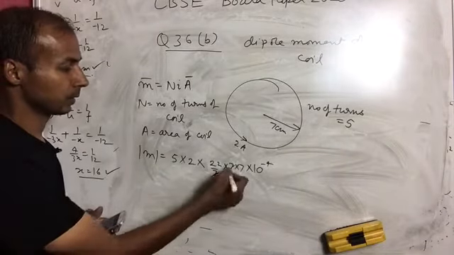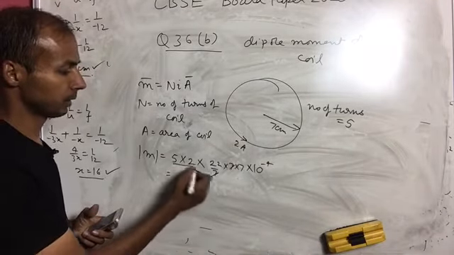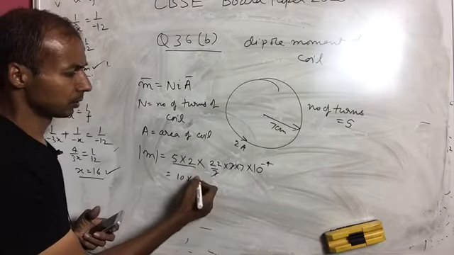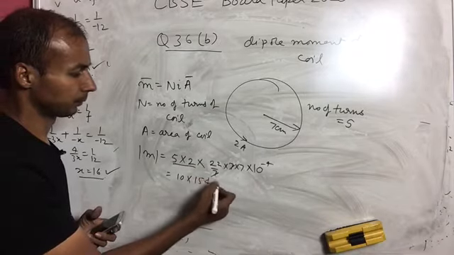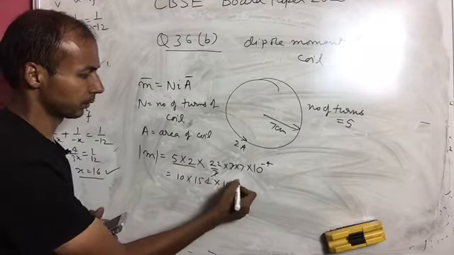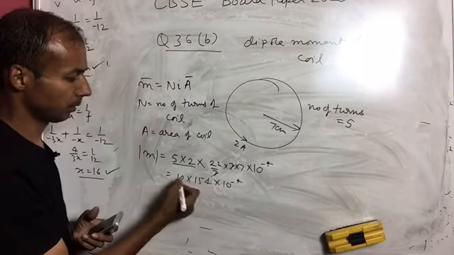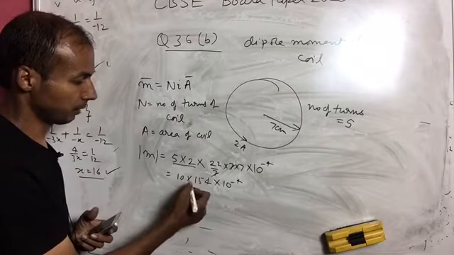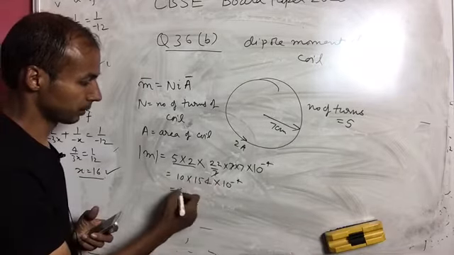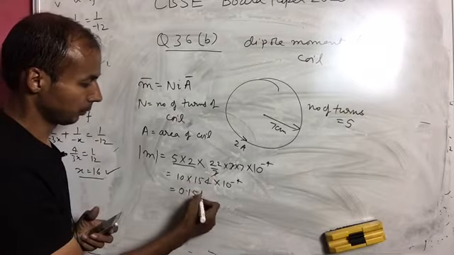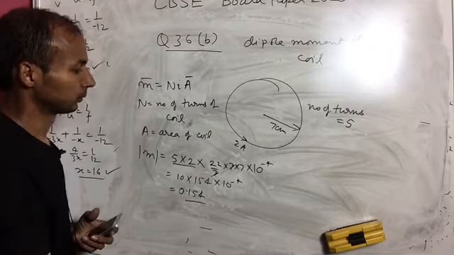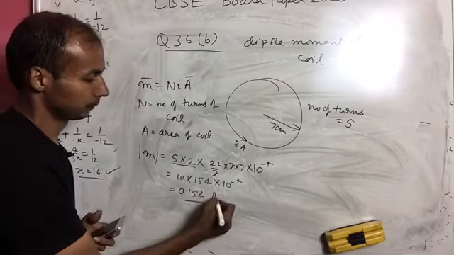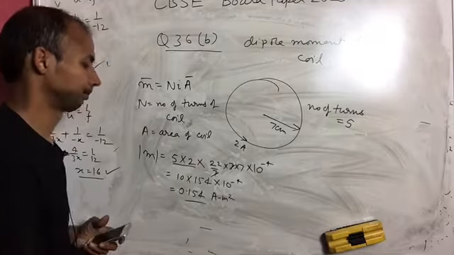So 1 of the 7 gets cancelled, so this makes it 10, this makes it 22 into 7, which is how much? 154 into 10 power minus 4, so 10 power 3 and 10 power 4, so how much? 1540, 10 power minus 4 becomes 0.154, and the unit should be ampere meter square. Ampere meter square. This is the answer.